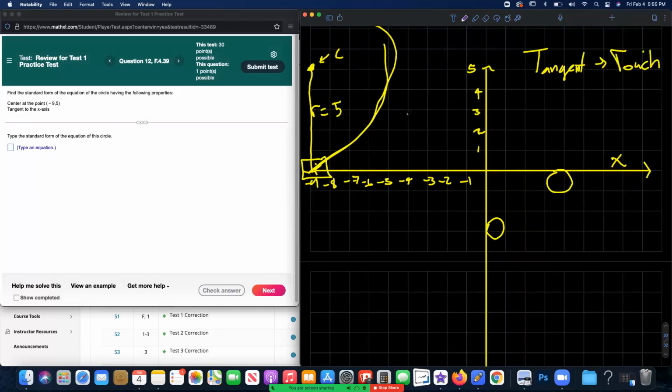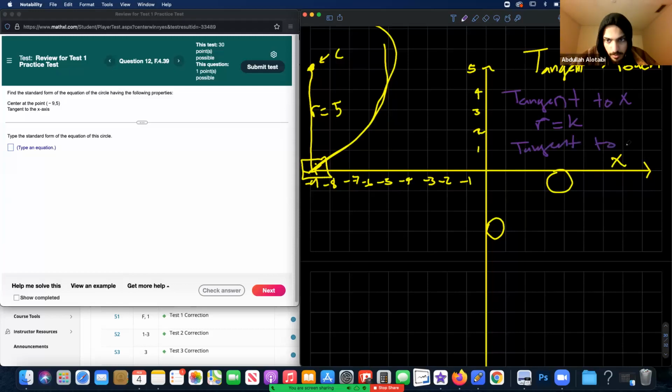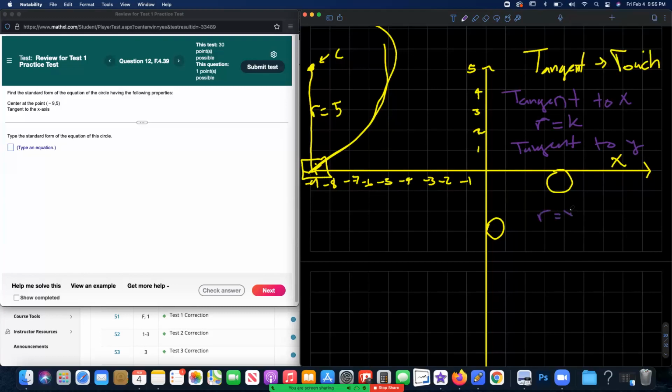Yes, you are correct. That's actually very true. If it's tangent to the x-axis, then basically R equals K. If it's tangent to the y-axis, R is equal to H.